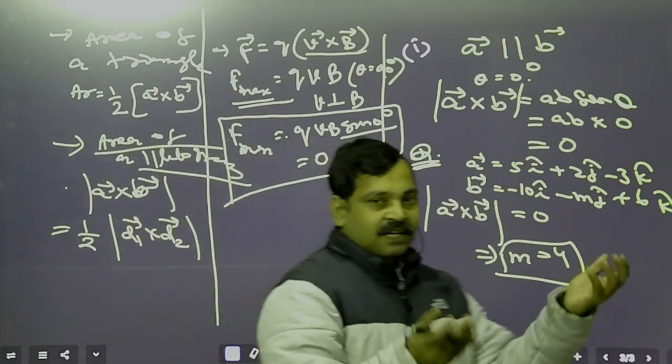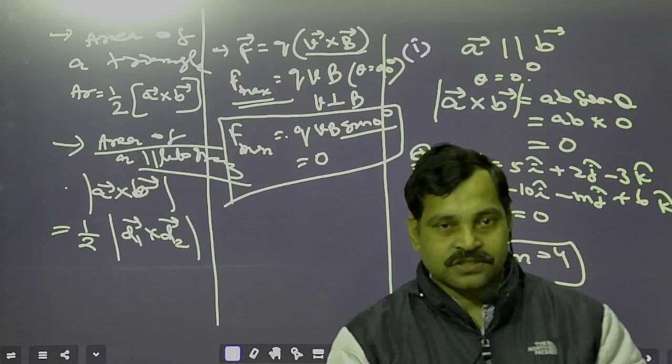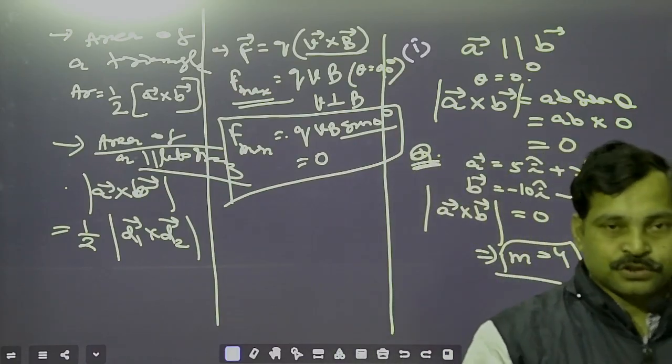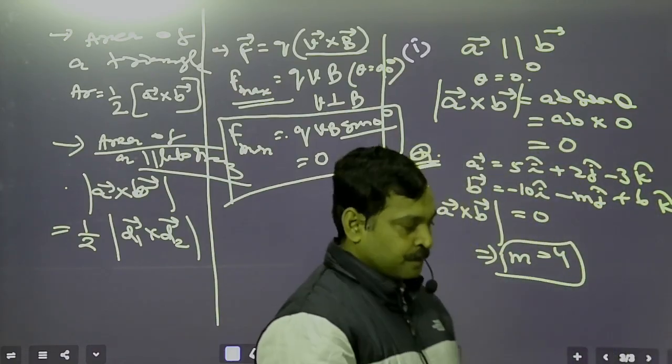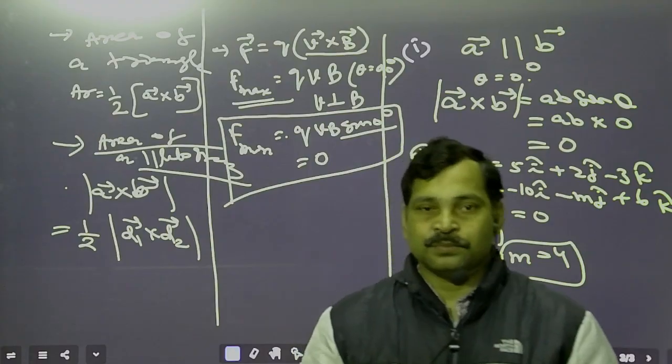So these are the applications of the cross product of two vectors which are mostly used in physics. I think it is understood to you all. So thank you.